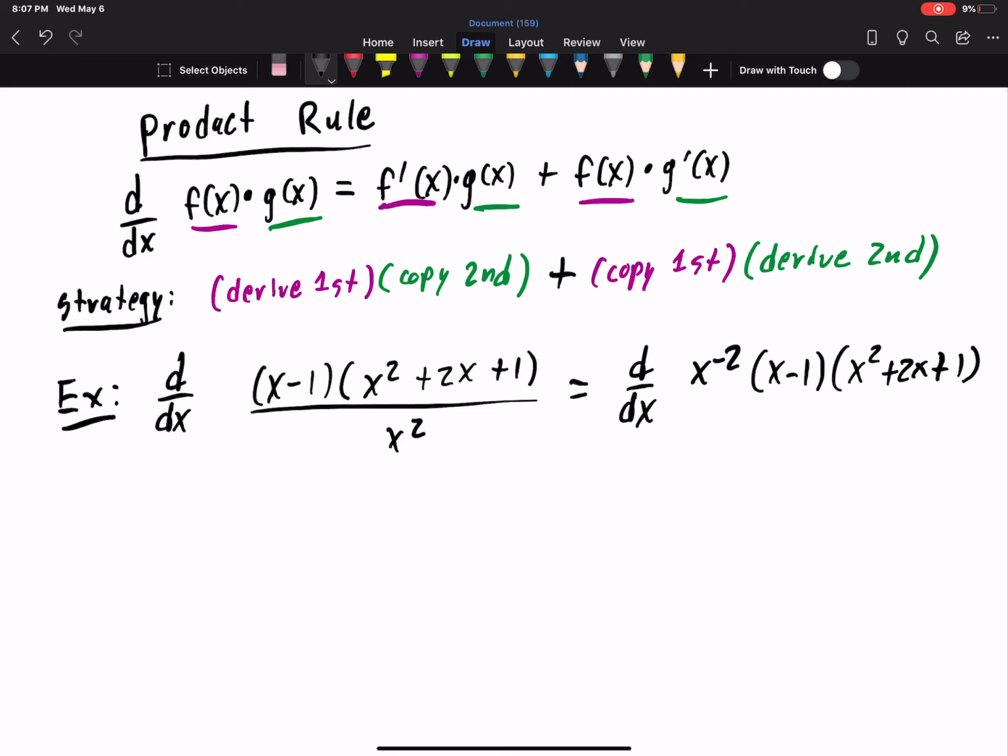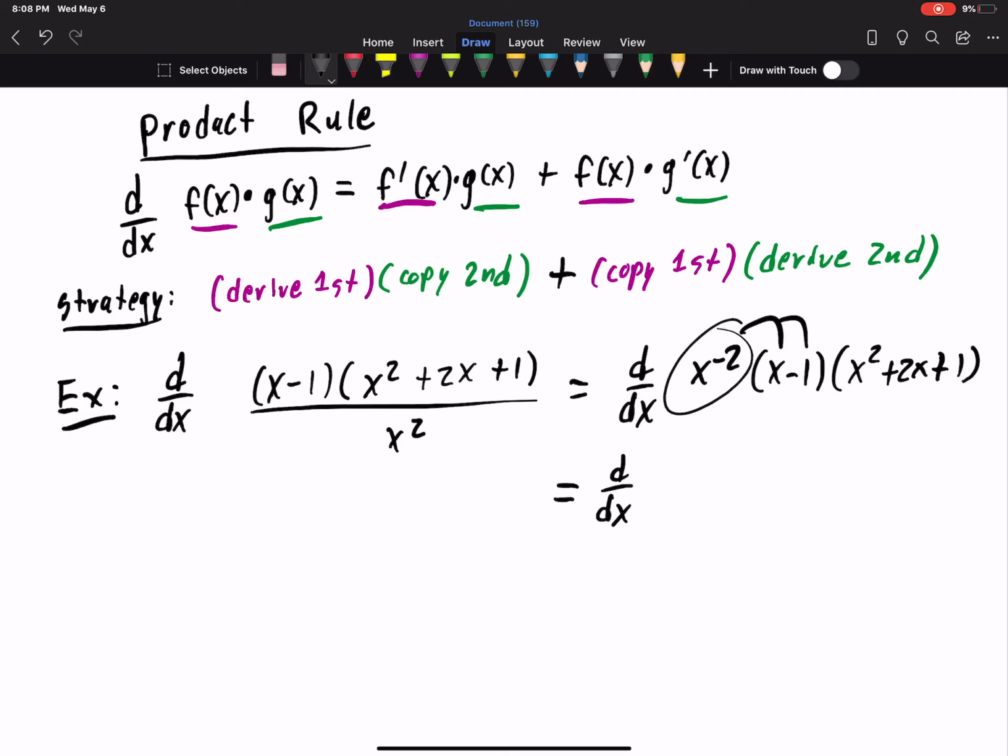So I can make this a little bit easier on myself even further. Instead of trying to use the product rule across 3 different functions, what we can do is take this x to the minus 2 and distribute it to one of our factors here. So we'll carry along this d dx and distribute that x to the minus 2.